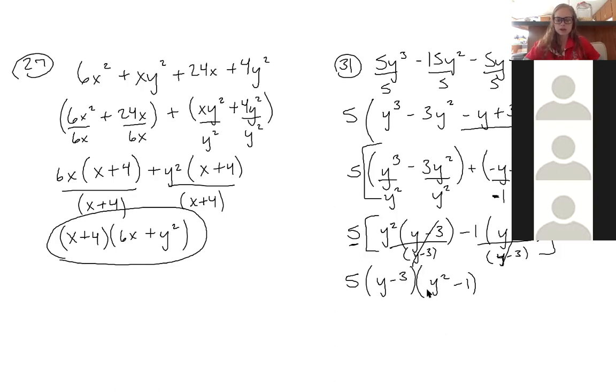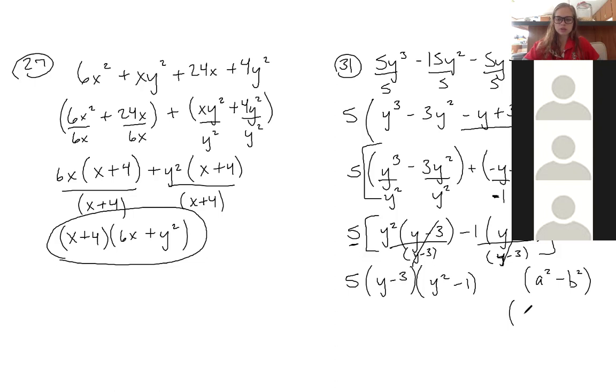Ask yourself, can you take the square root of y squared? Yes. Can you take the square root of 1? Yes. So can you factor that? Yes, you can. Remember, this is in the form a squared, a number squared, minus b squared, another number squared.